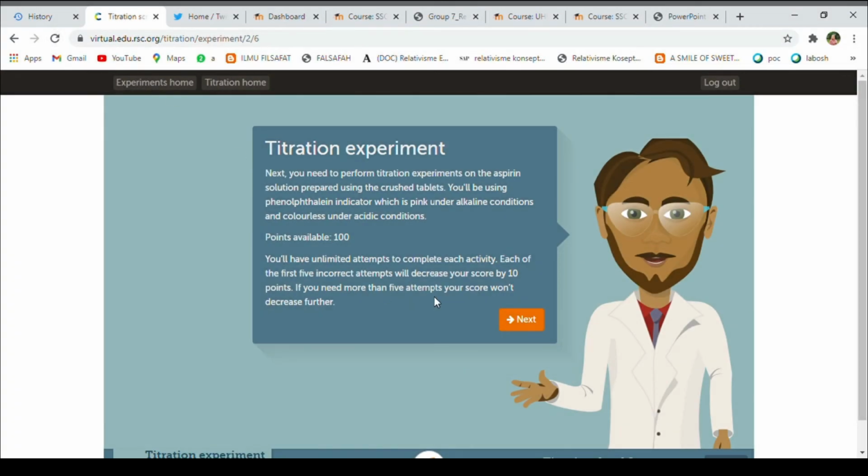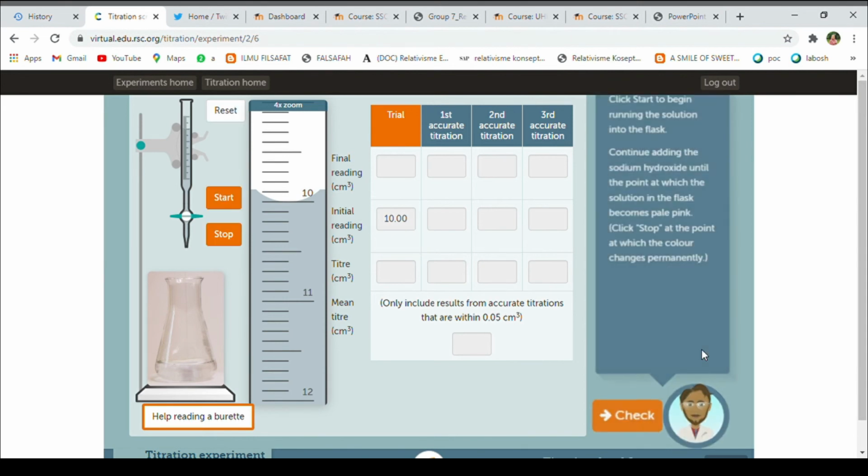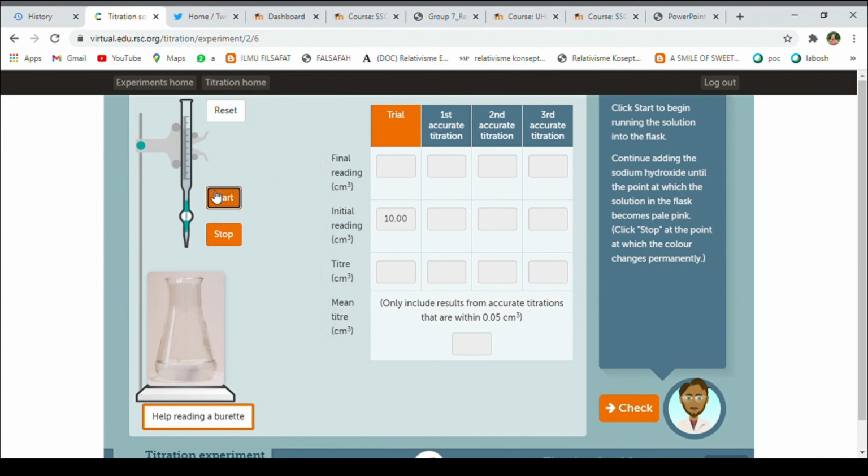Next, we are going to do the titration part. First of all, let's fill in the initial burette reading, which is 10.00 cm³. After that, we can start titrating. We should do the titration until the endpoint, which is when the color of the titrant changes.